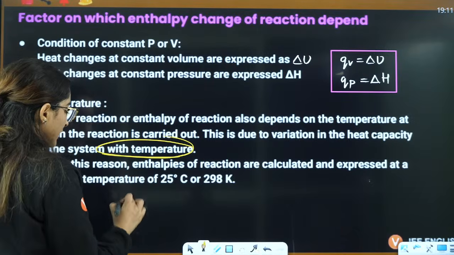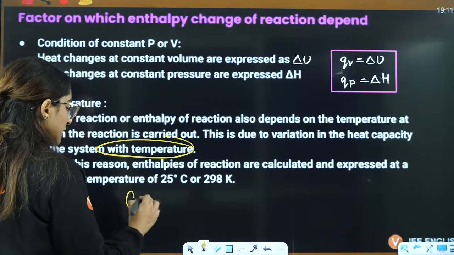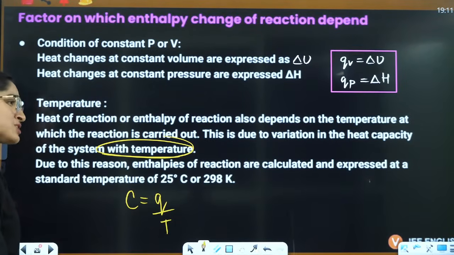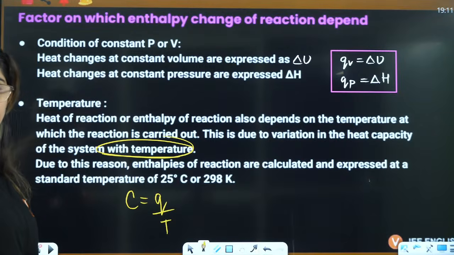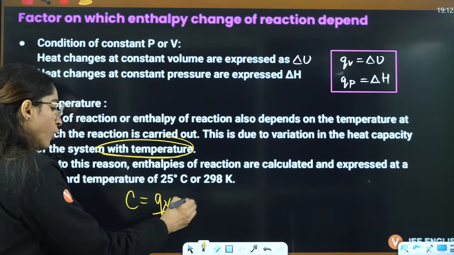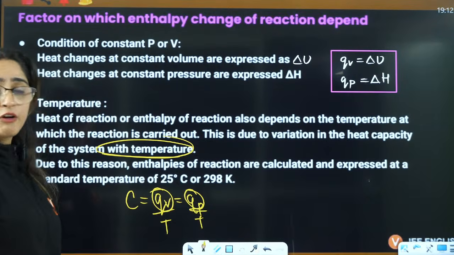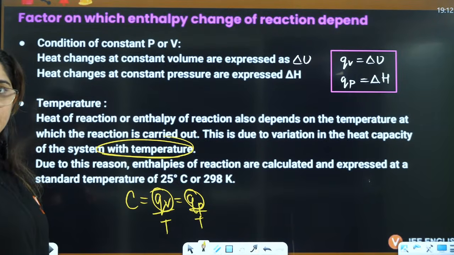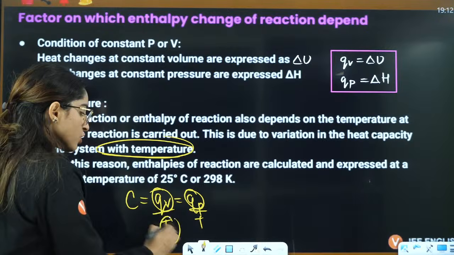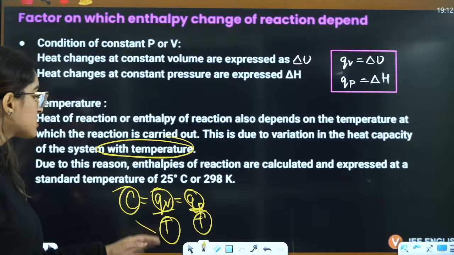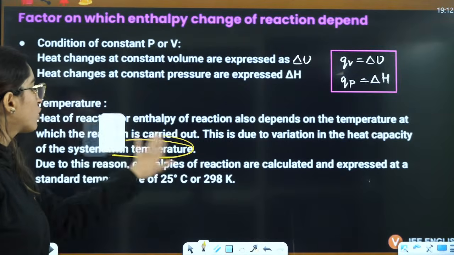We know that heat capacity is equal to Q by T. So if volume is constant or pressure is constant, that will be dependent on volume and pressure. If temperature also changes, heat capacity changes. So heat capacity depends upon volume, pressure, temperature, all of these things.